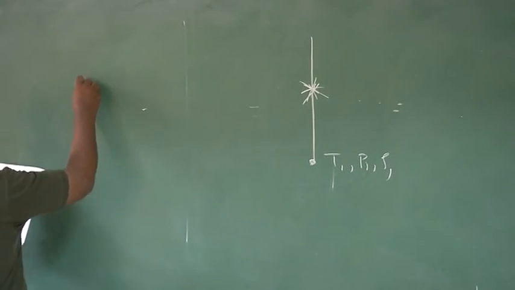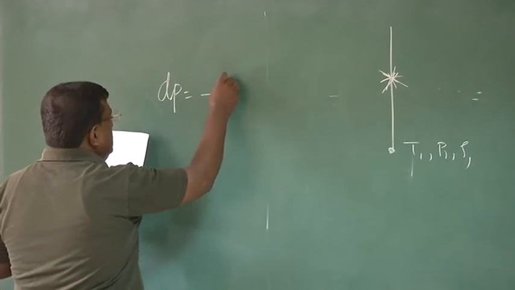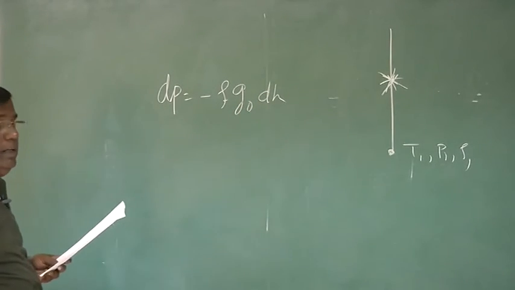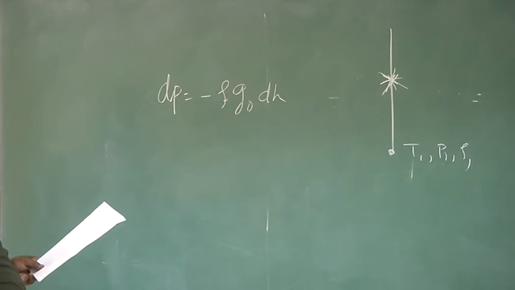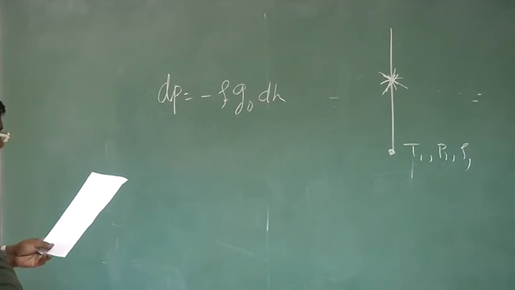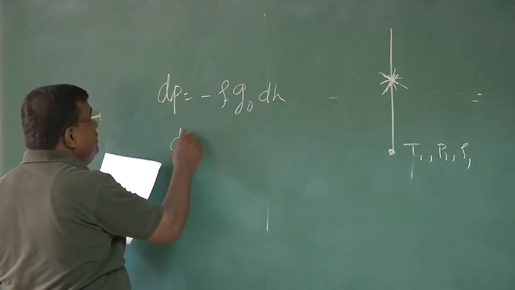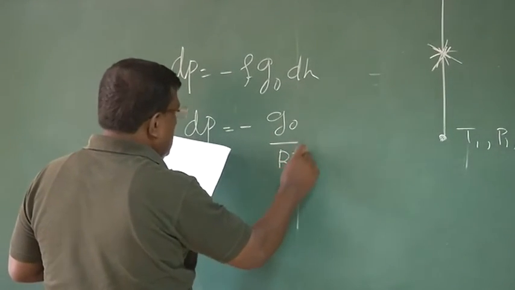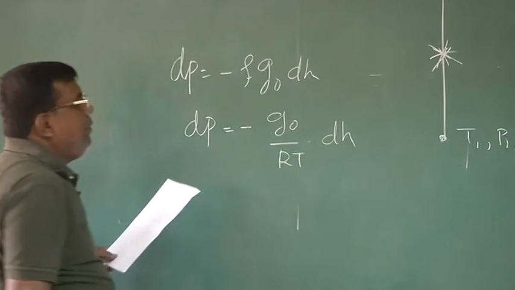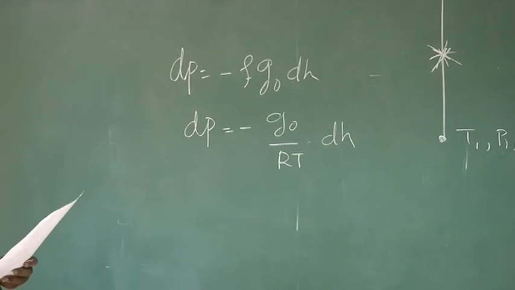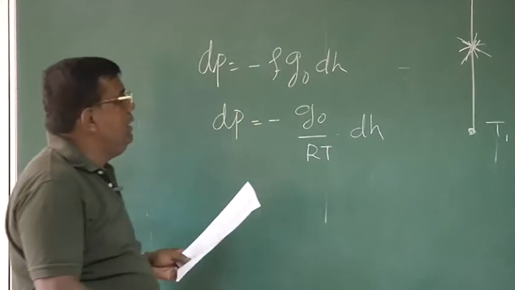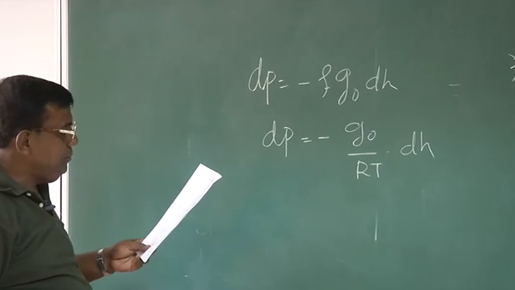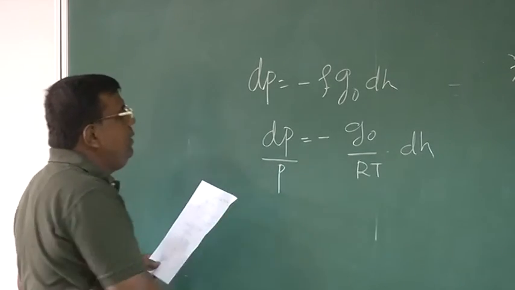So I again use dP is equal to minus rho G0 dH. This we have derived from the static balance, assuming the fluid element is in static condition, and we have also derived the relation dP equal to minus G0 by RT into dH, because we have assumed that air is behaving like a perfect gas. So P equal to rho RT, and I have divided dP by that, so I have got this relationship for dP by P, where P is rho RT.